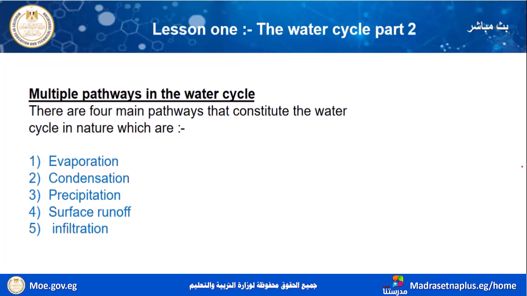It means the water will move on the Earth's surface. Then, when water enters the pores or the cracks of the rocks, it will form underground water. These are the stages of the water cycle in nature: evaporation, condensation, precipitation, surface runoff, and infiltration.